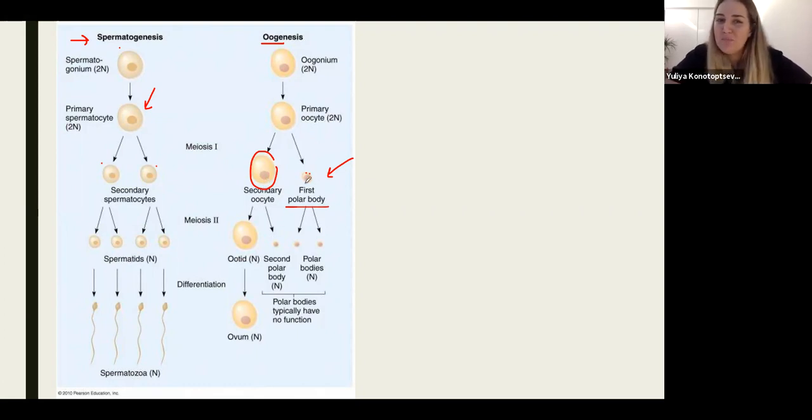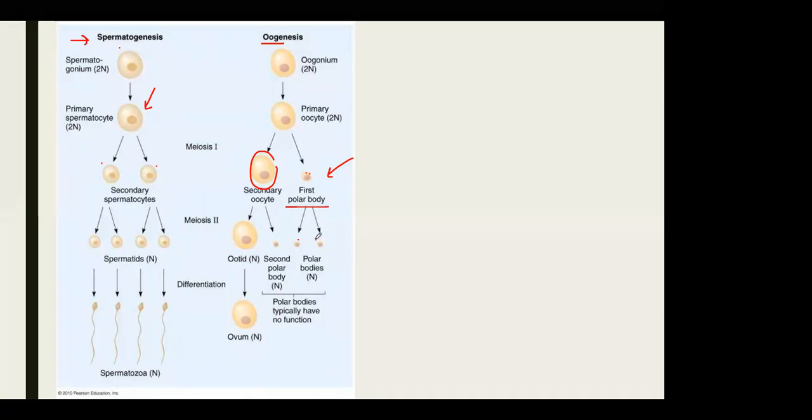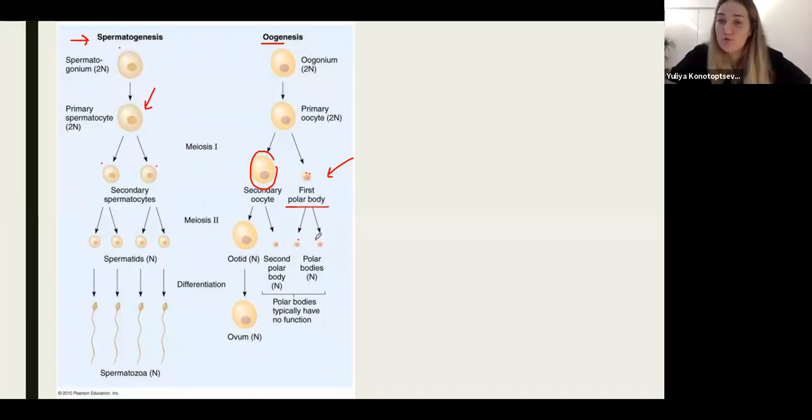But why is the polar body dividing? Do you see? It also gives rise to 2 more polar bodies. How is it capable of division? Nucleus. Very good. It still has the nucleus. We said that it has little to no cytoplasm, but is there anything wrong with the nucleus?